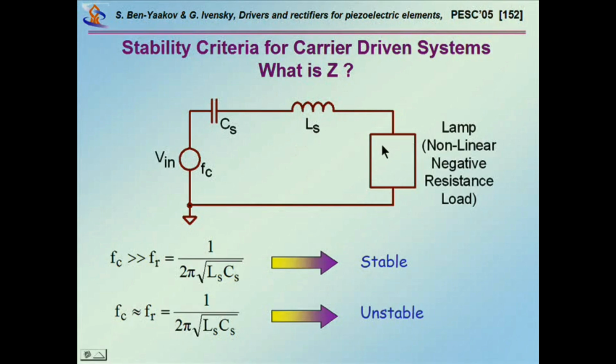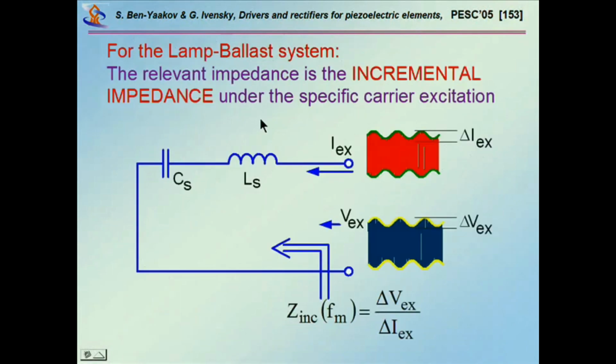This is what we talked about when we talked about the lamp, and now it turns out we have to talk about the incremental impedance of the driving network, because this is the key parameter, not just the simple impedance.